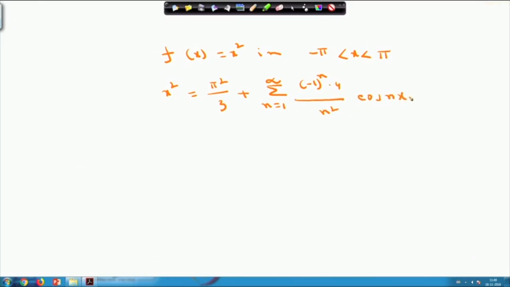Please note that this we already derived earlier. In earlier examples, we have obtained the Fourier series for the function x square in minus pi to pi, and directly I am writing this.